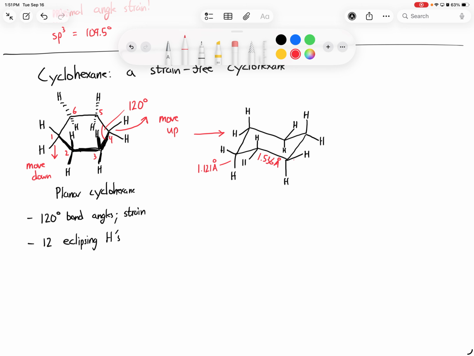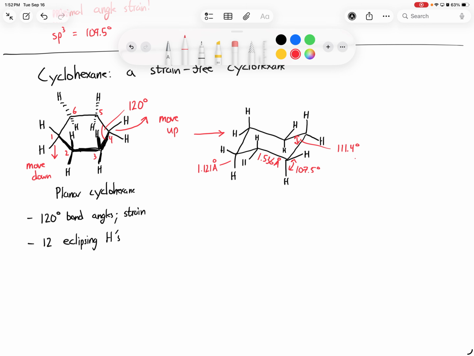And then these bond angles here are very close to 107.5 degrees, so almost close to 109. And this bond angle, even though this is not drawn to scale, is still very close to 109.5 degrees.